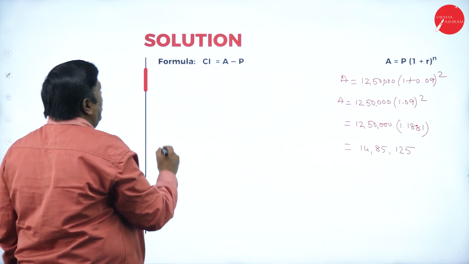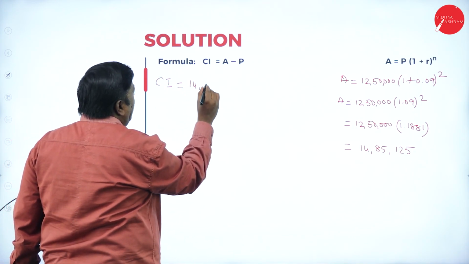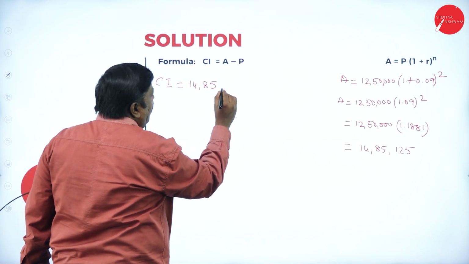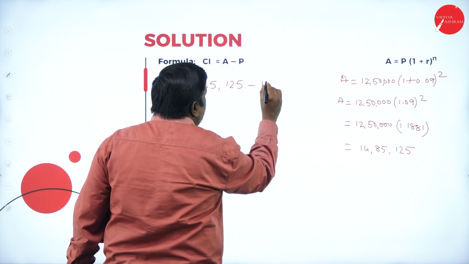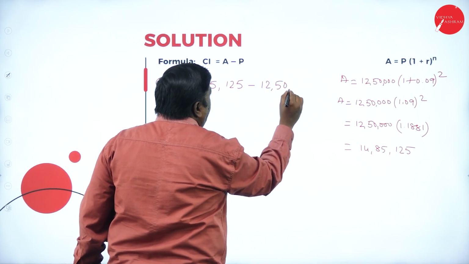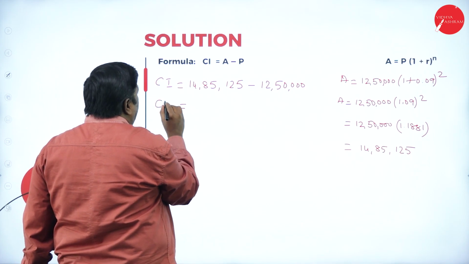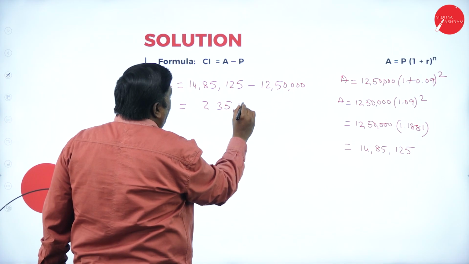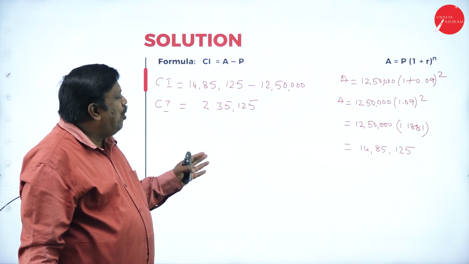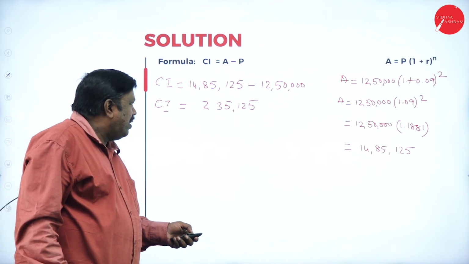So now compound interest will be 14,85,125 minus 12,50,000. So now the compound interest will be 2,35,125, which the investor is going to get.